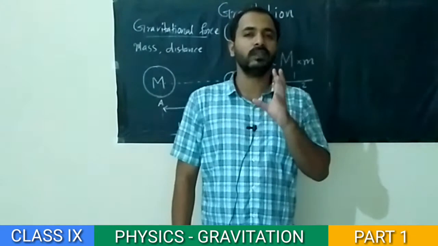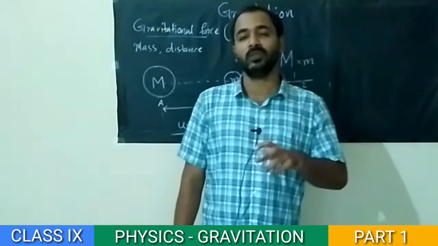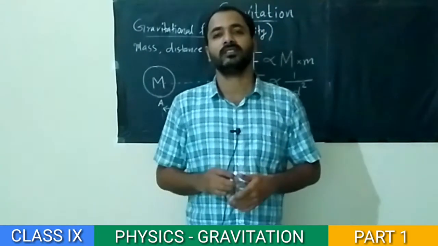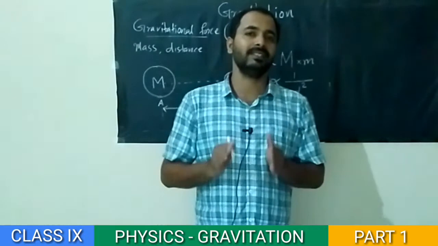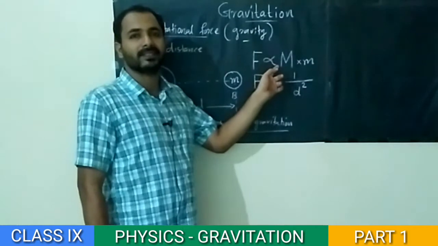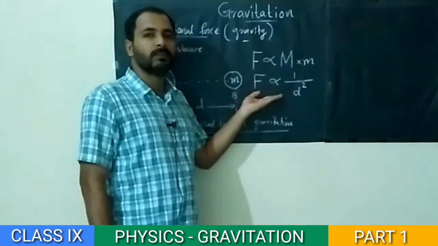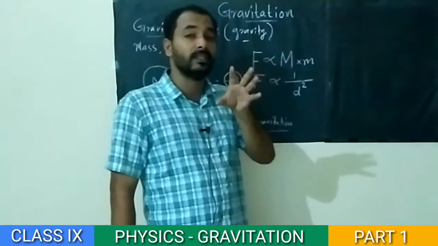According to the universal law of gravitation, every object in this universe attracts each other with a force. That force is directly proportional to the product of their masses and inversely proportional to the square of the distance between them.